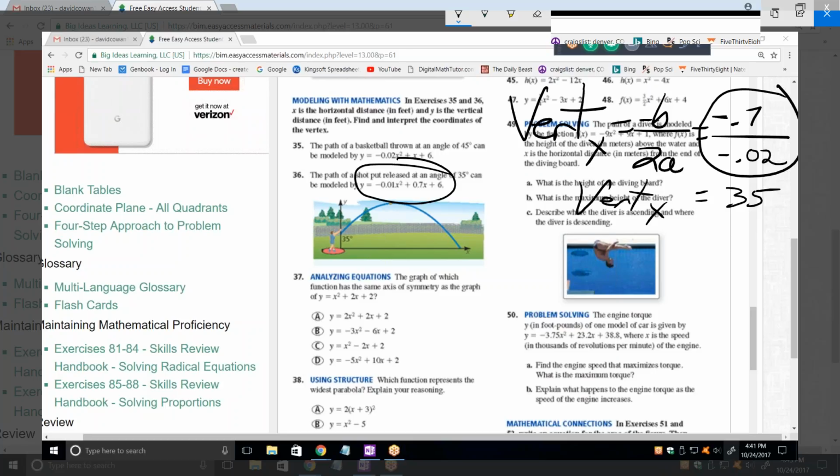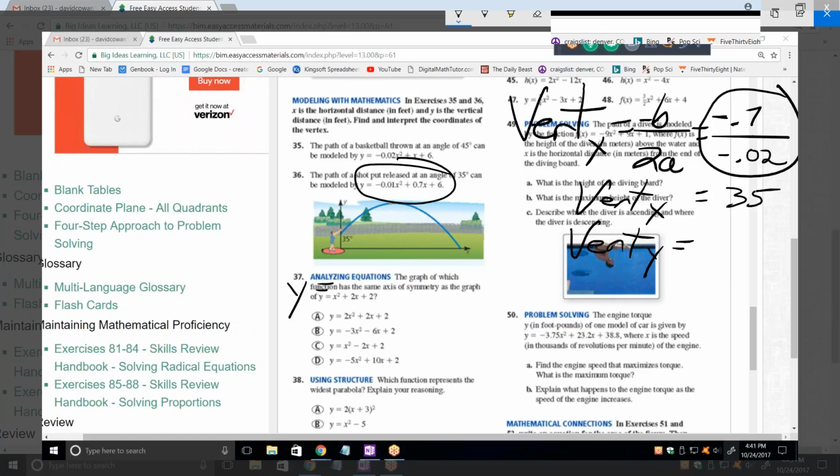Now, their question is, well, we need the y coordinate also. Yeah. In other words, we got to do the math. So let's, over here on the lower left, plug everything in. What do we got?